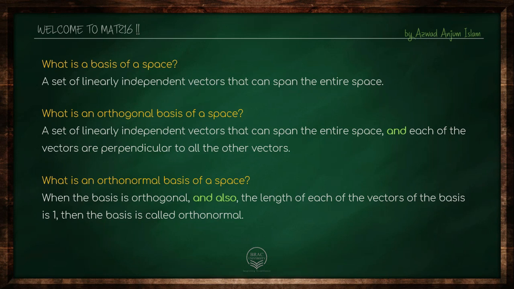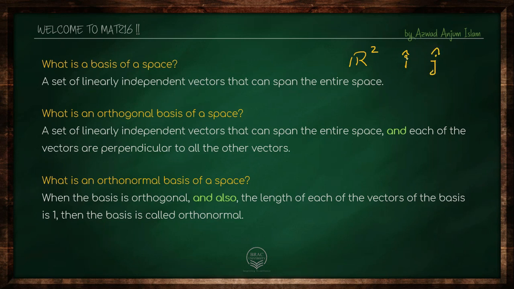Now, a very common example of that is the standard unit vectors, which create the basis of R2 or R3. Let's take R2. For R2, we have the two basis vectors, the standard basis, which is made of two vectors, i hat and j hat.